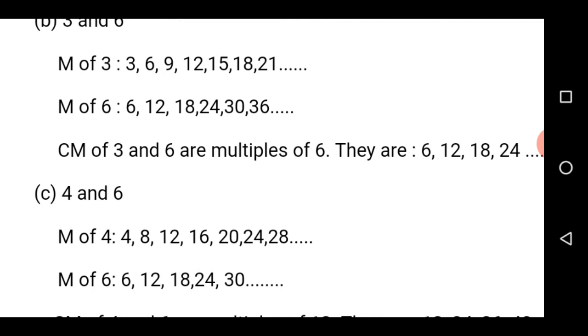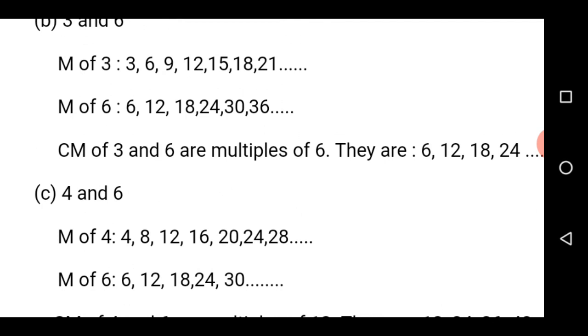Like I said earlier, you will check the common numbers in between the multiples. If you check this very well, you will discover that we have 6 in between the two multiples. We have 12 as well. 18 is also there. So we can still have 24, and so on.